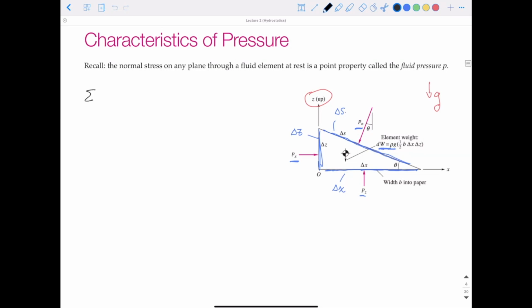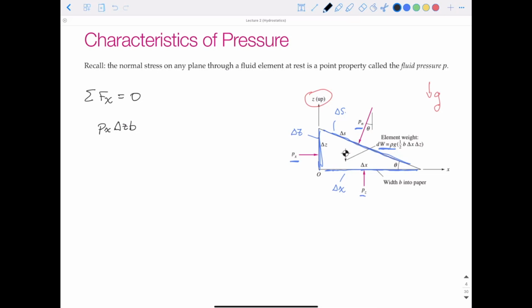So let's start off with the sum of the forces in the x direction equal to 0. And if we add up all the forces in the x direction, we have pressure, which is a unit of force per unit area. So we multiply that by delta Z times B. So we have Px times delta Z times B, and that's acting in the positive x direction.